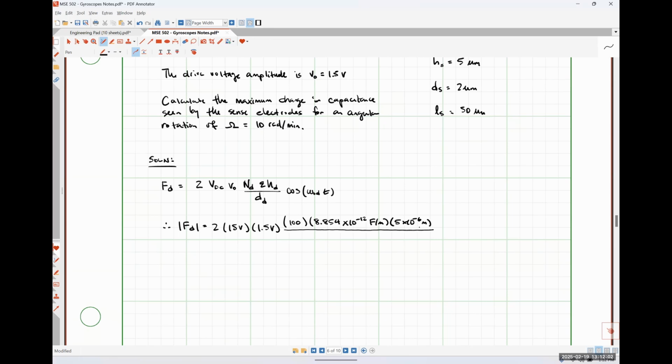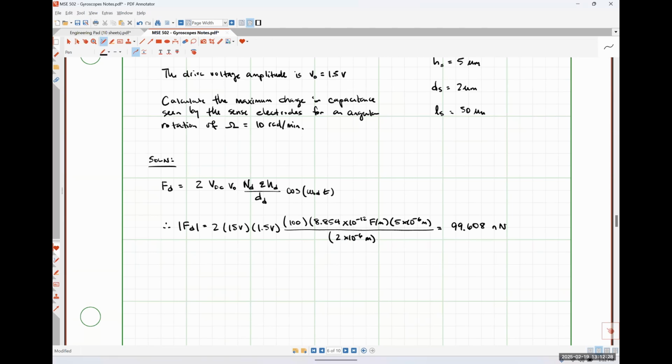And all of this is going to be over our distance between our drive electrodes, 2 times 10 to the minus 6 meters. And when I did this, I wound up getting 99.608 nano newtons.